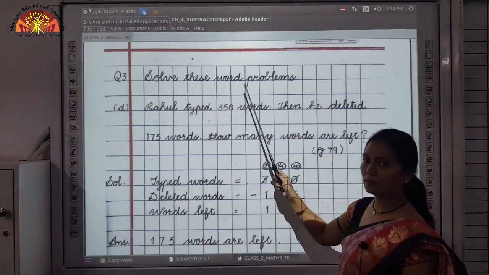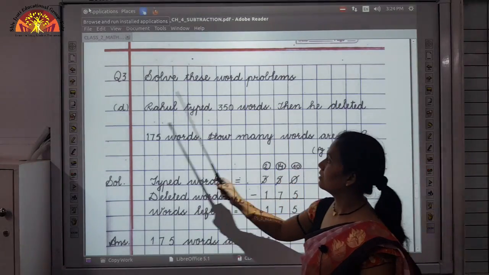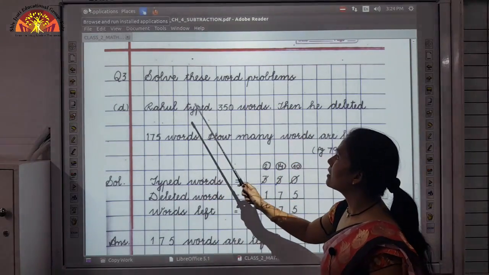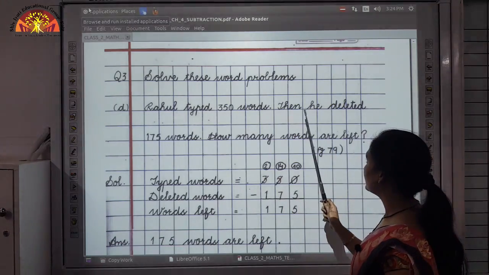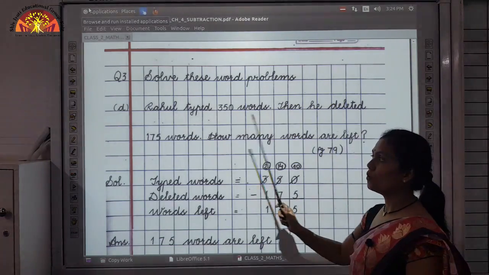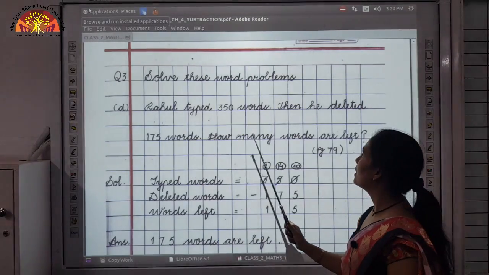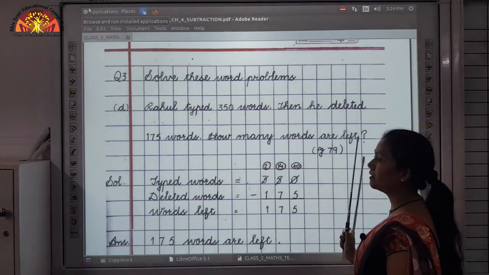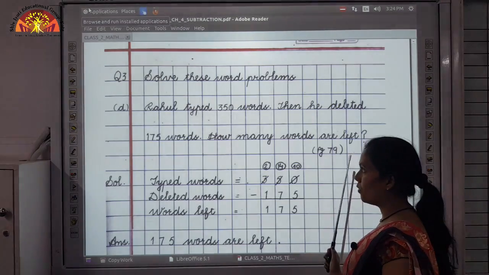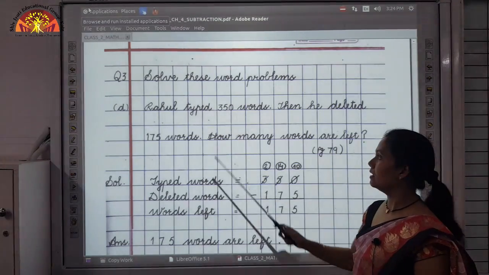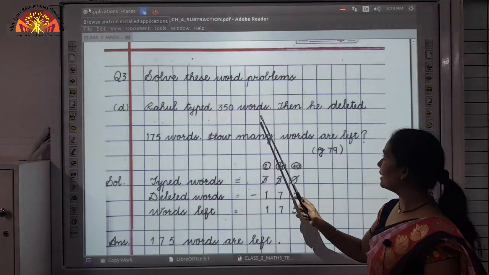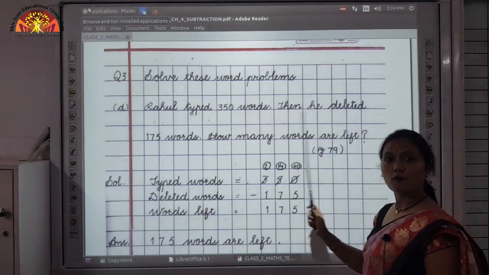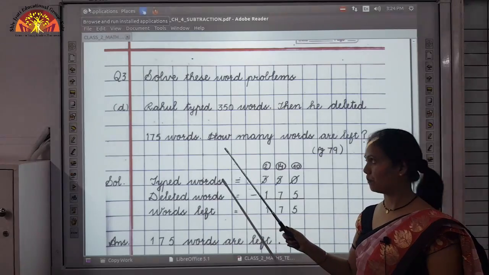Solve these word problems. D. Rahul typed 350 words. Then he deleted 175 words. How many words are left? Now in this question, Rahul typed total 350 words and he deleted 175 of them.